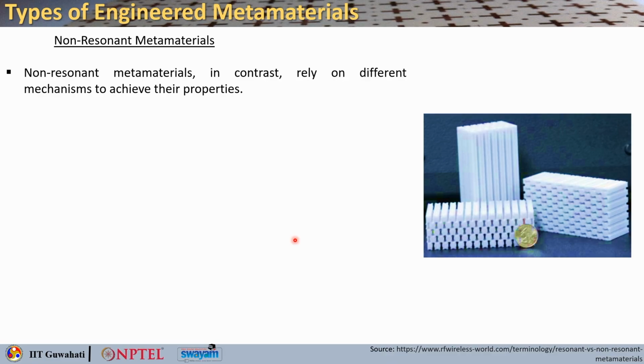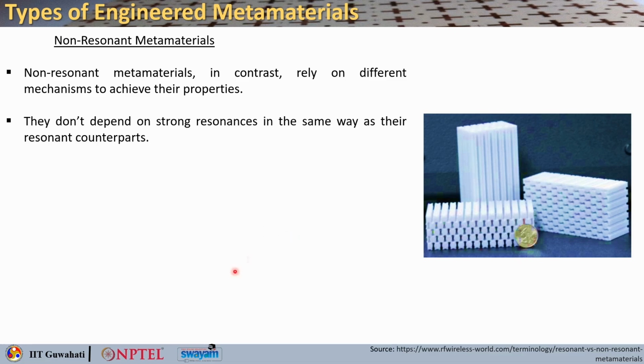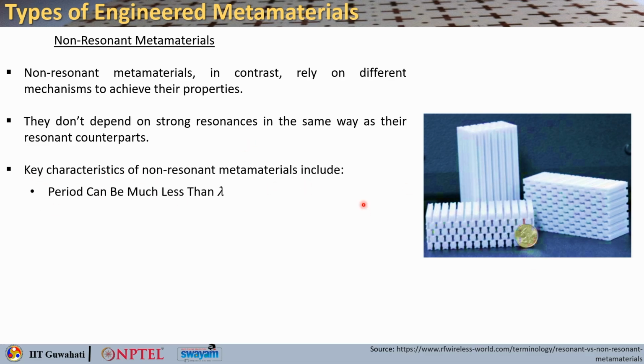Now, there is another type of metamaterial which is called non-resonant metamaterial. So, here the meta atoms are not basically resonant type, right. So, non-resonant metamaterials rely on a very different mechanism as compared to the resonant metamaterials to achieve their properties. So, you can see that they are not dependent on resonances, right. So, what are the key characteristics of this kind of non-resonant metamaterials?